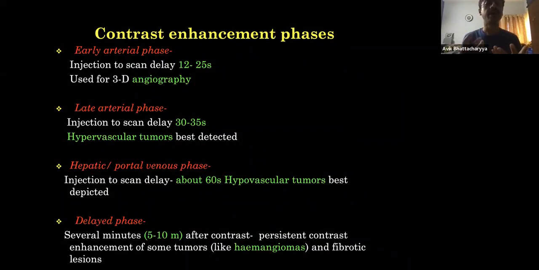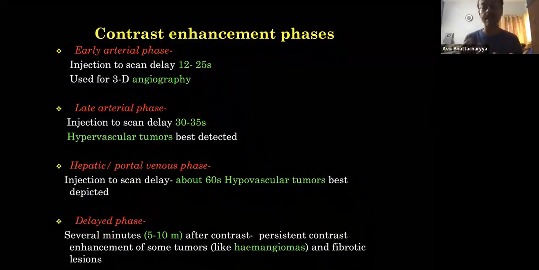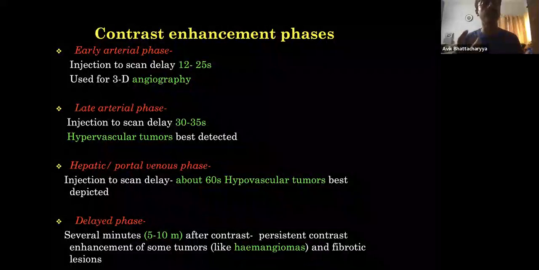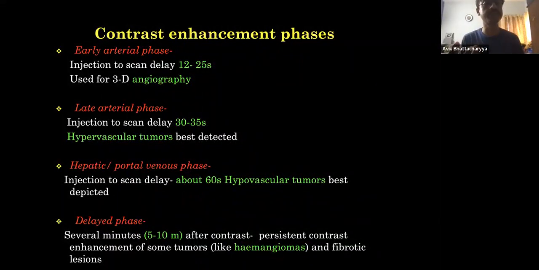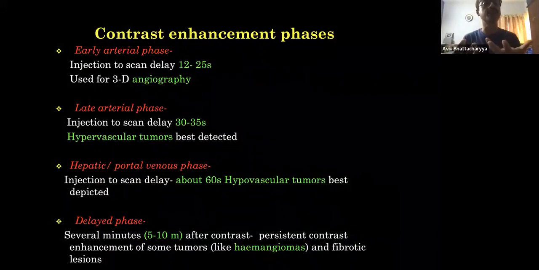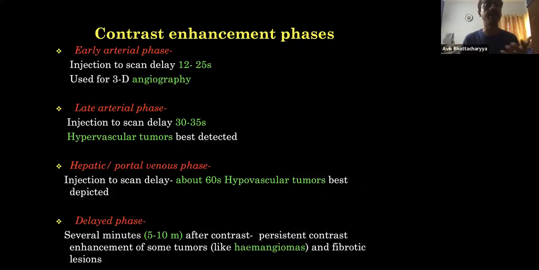That's why hepatocellular carcinoma would be brighter than the rest of the liver tissue on late arterial phase, and on portal venous phase it will be darker than the rest of the liver parenchyma. When the portal vein has come, the contrast has already infiltrated the normal liver parenchyma and it is enhancing.